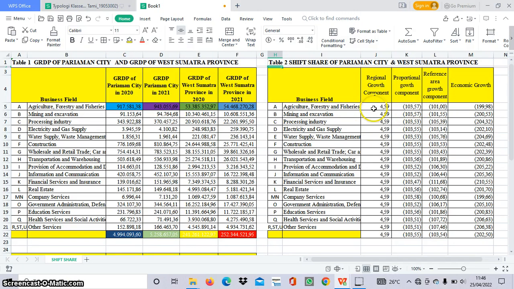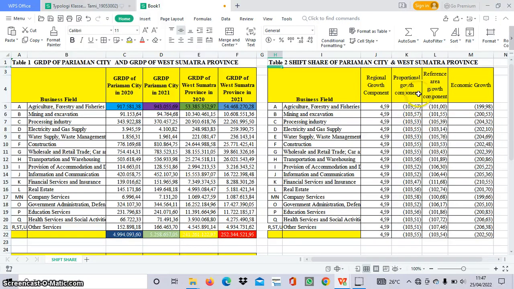The first, to calculate the regional growth component, we use the formula: the total GRDP of West Sumatra Province in 2020, the color red, divided by the GRDP of West Sumatra Province in 2020, the color yellow, minus 1, multiplied by 100, and the result is this.